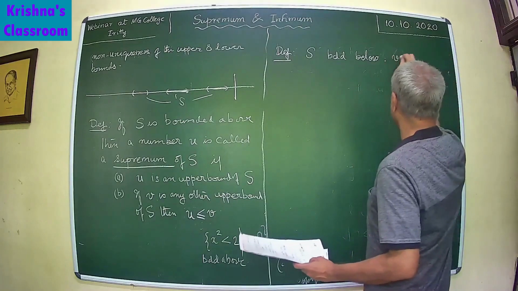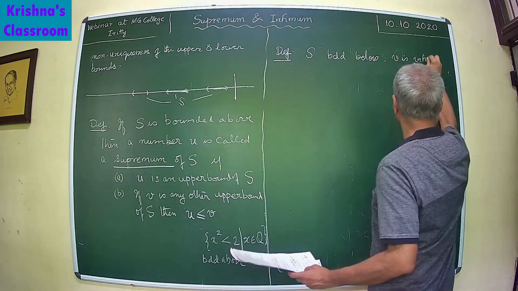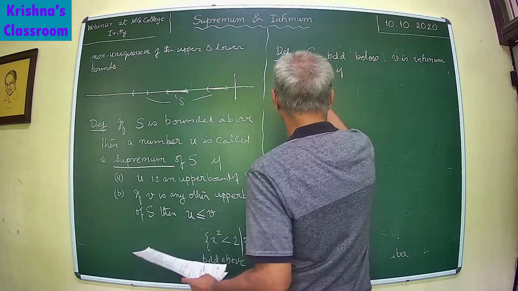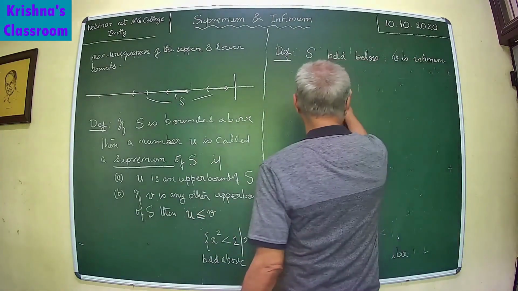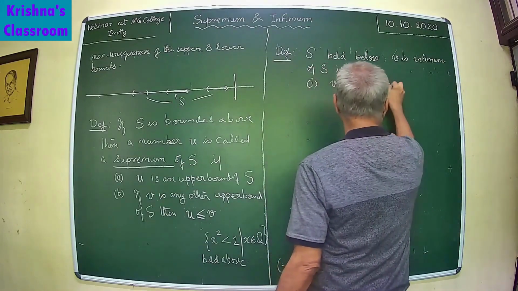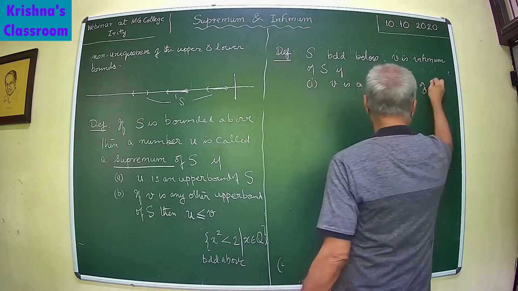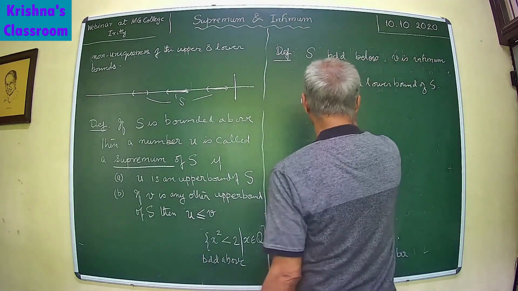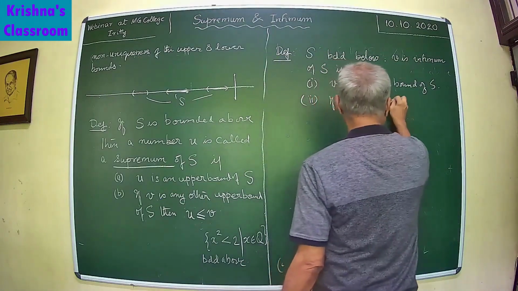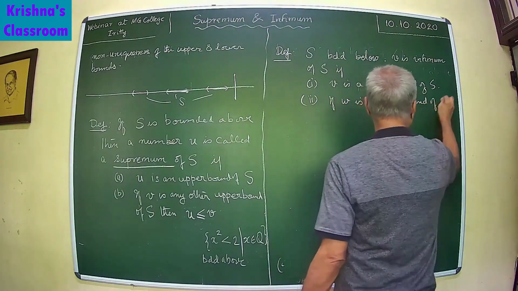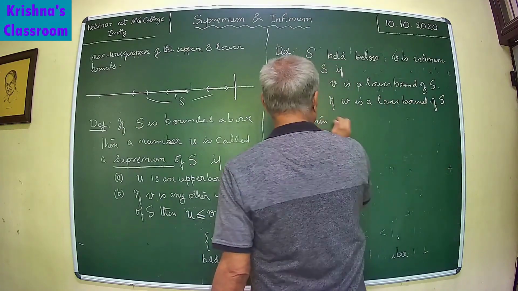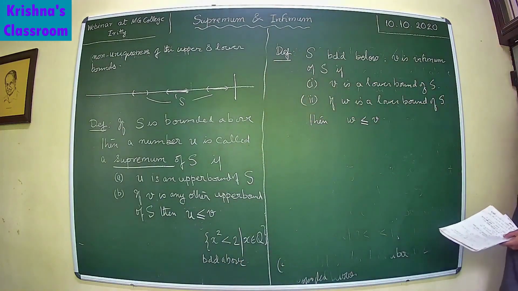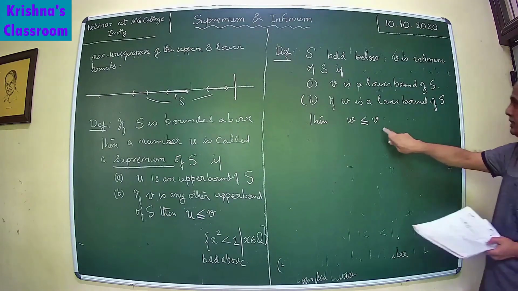Then you say V is the infimum of S if the following two hold. One, V is a lower bound of S. Two, if W is a lower bound of S, then W is less than or equal to V. So V has this particular property.